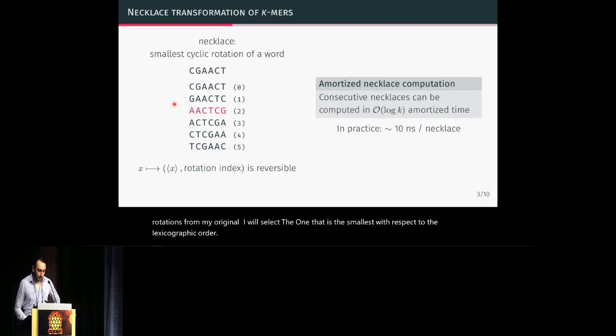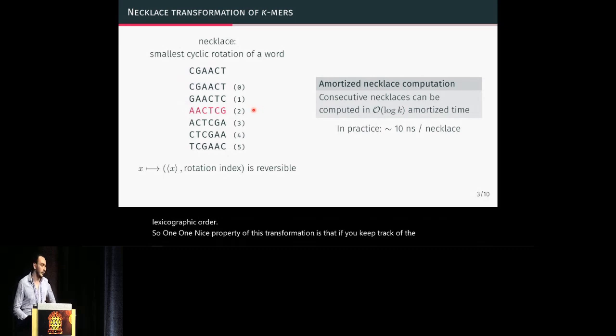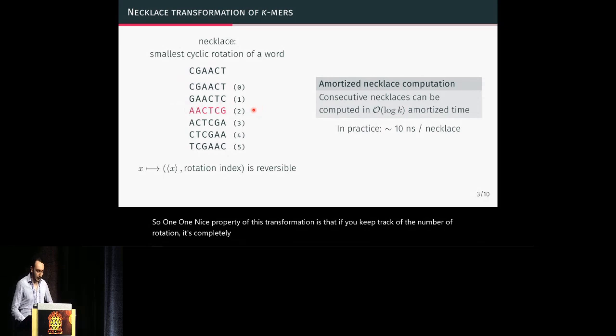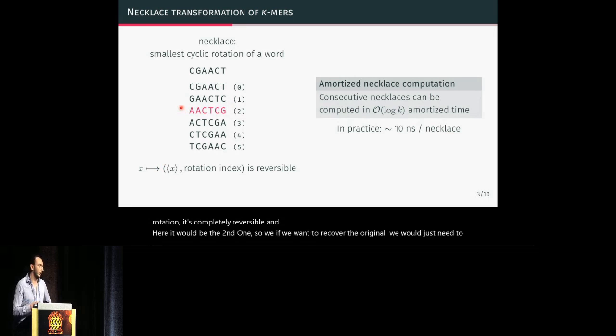One nice property of this transformation is that if you keep track of the number of rotations, it's completely reversible. And here, it would be the second one. So if we want to recover the original string, we would just need to do 2 rotations to the right.